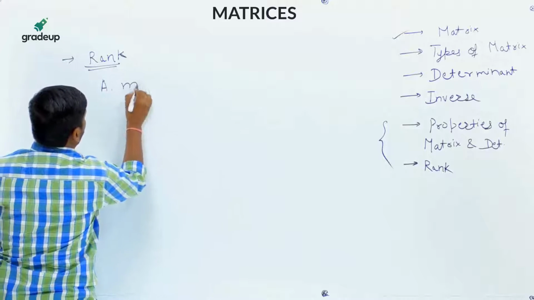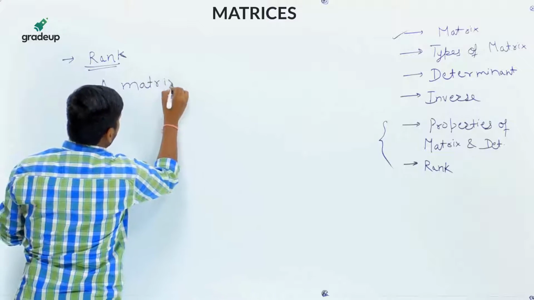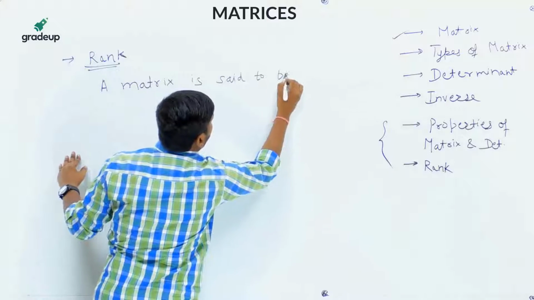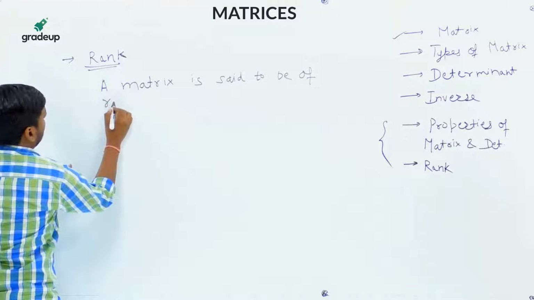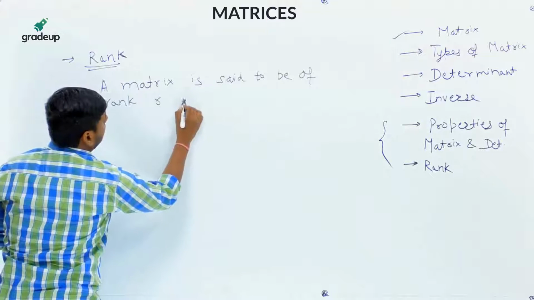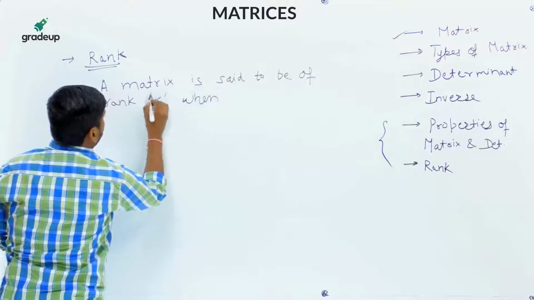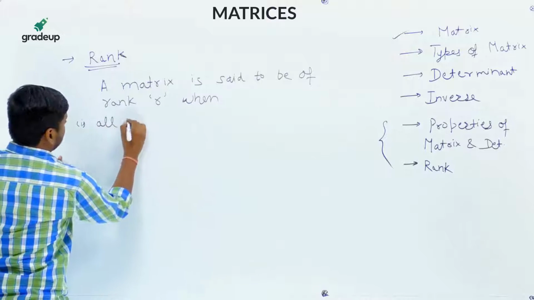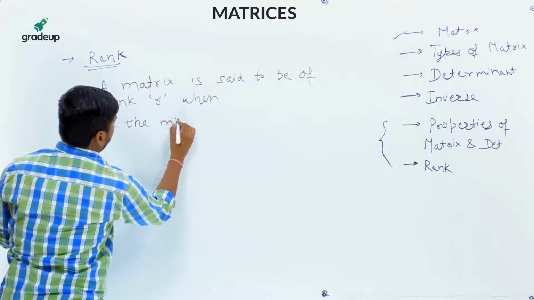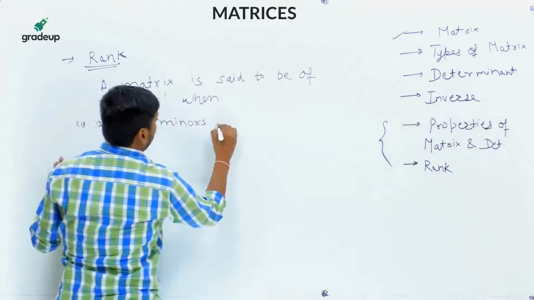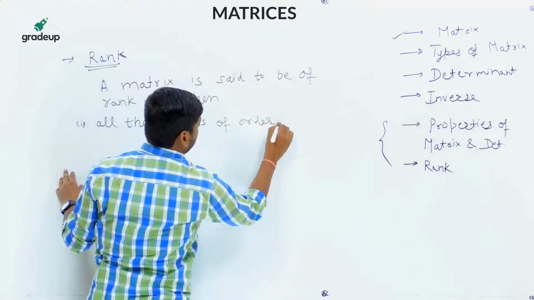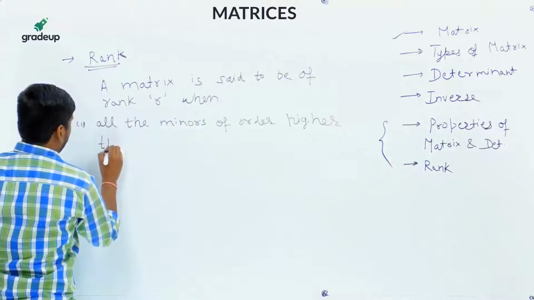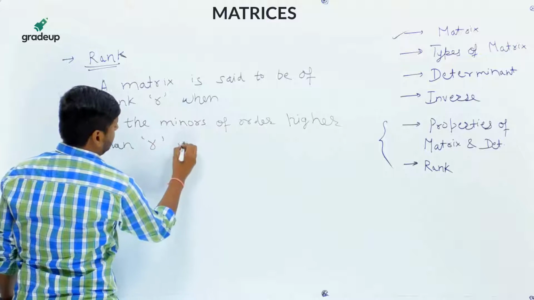A matrix is said to be of rank R when, first, all the minors of order higher than R vanish.